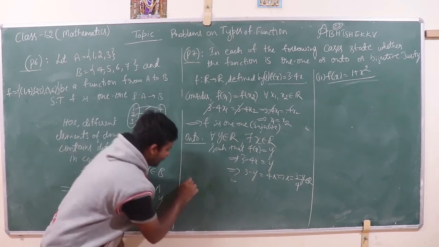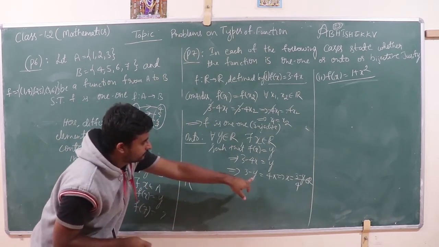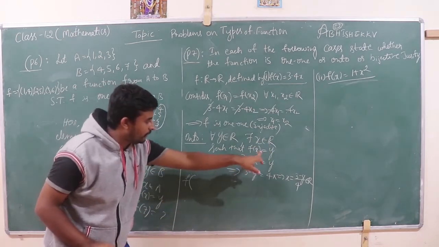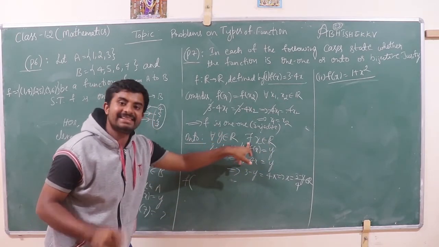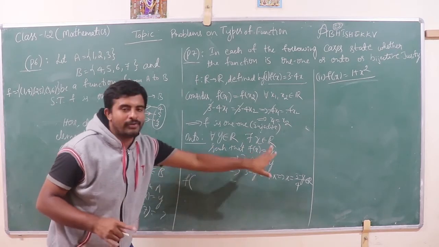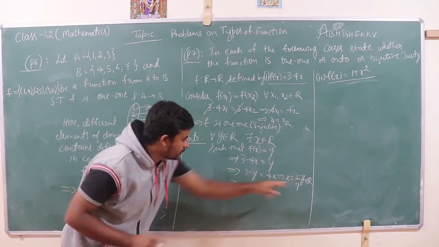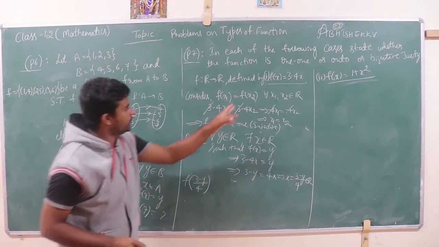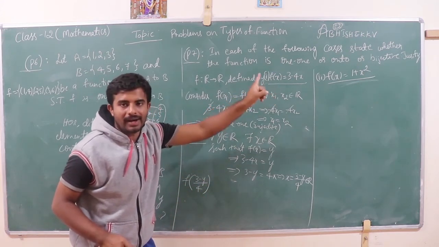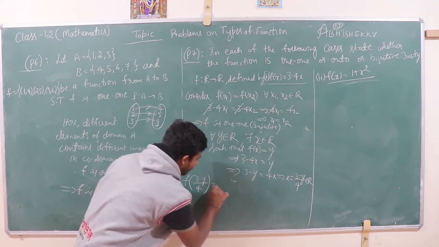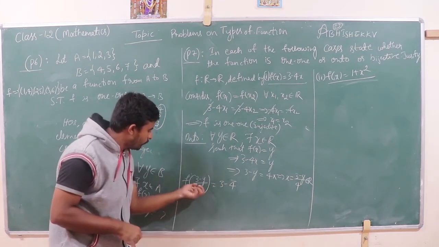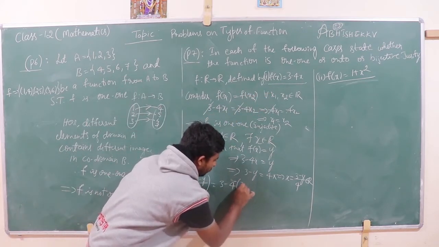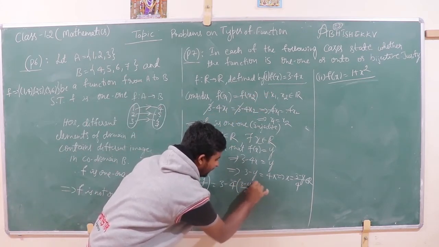Let us check. Here, we should get f of x is equal to y. Then for every y belonging to R, there exists x belonging to R such that f of x is equal to y. What are we getting? x is equal to (3 minus y) divided by 4. According to the given function, f of x is equal to 3 minus 4x. Instead of x, we have (3 minus y) divided by 4.